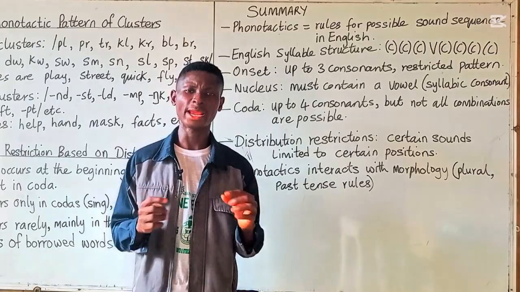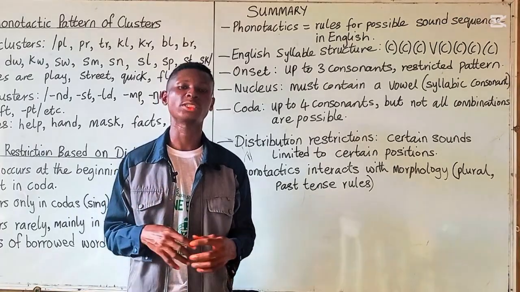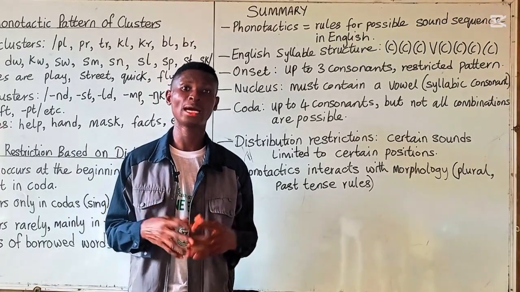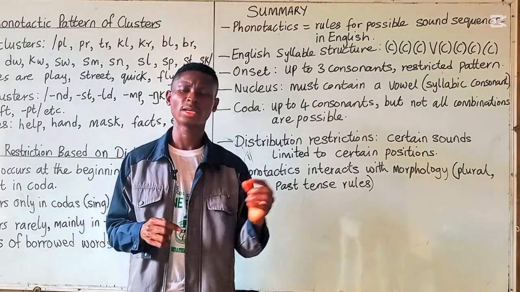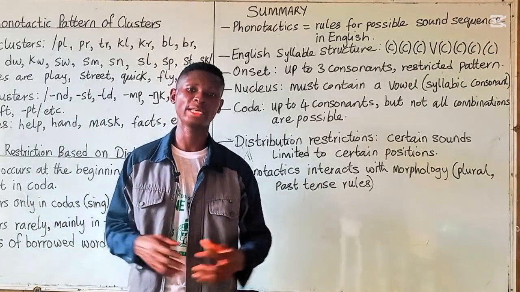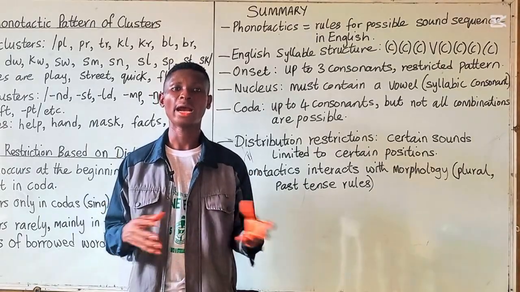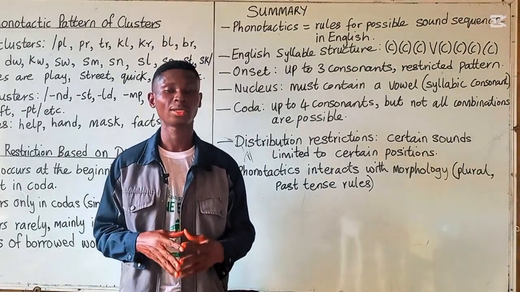Then the n sound can only occur at the final position of syllables, and then the j sound rarely occurs. And also, it is only in borrowed words that you can have them at the initial position and even at the final or medial position.